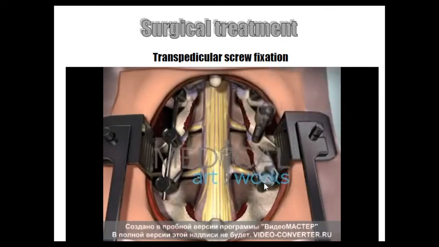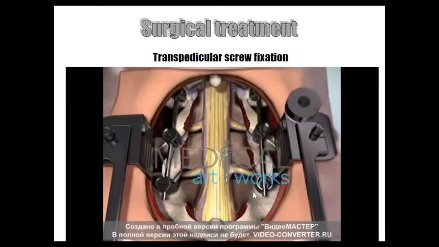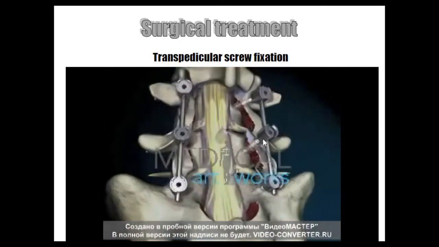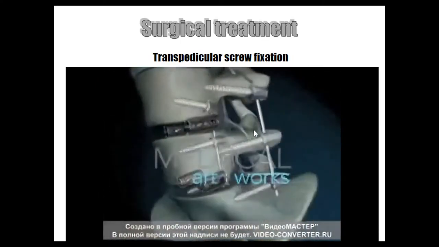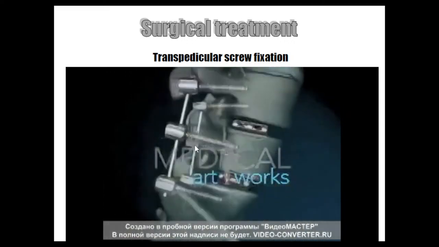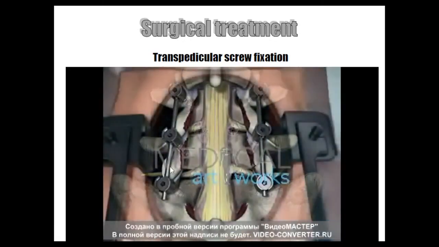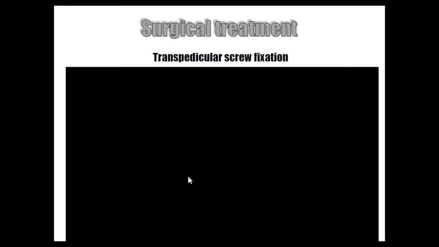So we take the screws and put those screws inside the vertebral bodies through the pedicles of the vertebrae. And finally, we will fix those screws with titanium or stainless steel rods. So as a result, we will receive a frame which will hold all vertebrae together and prevent any movement. So it is a combination of decompression and stabilization.